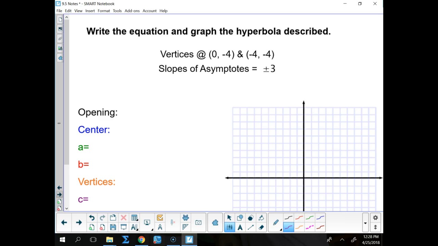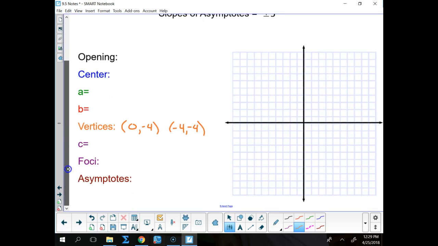Write the equation, then graph it. Okay? So start with what we start with. Vertices. Right? So I have one vertice at 0, comma, negative 4.